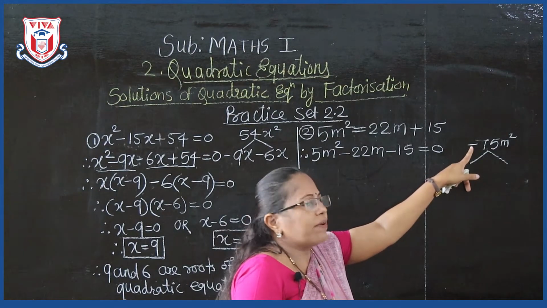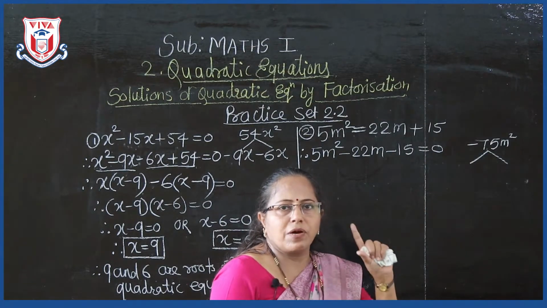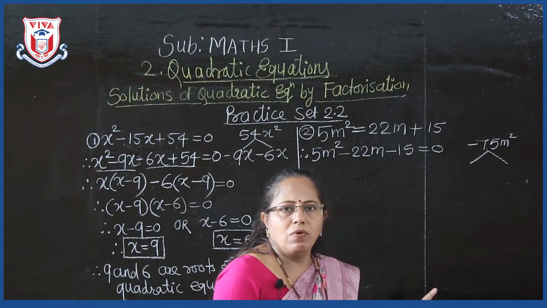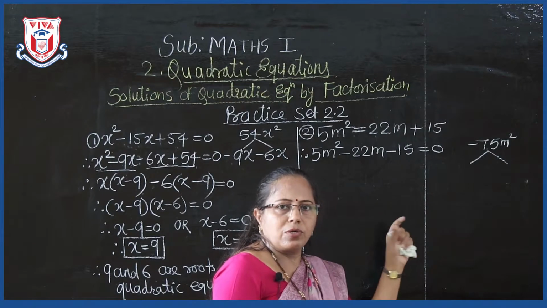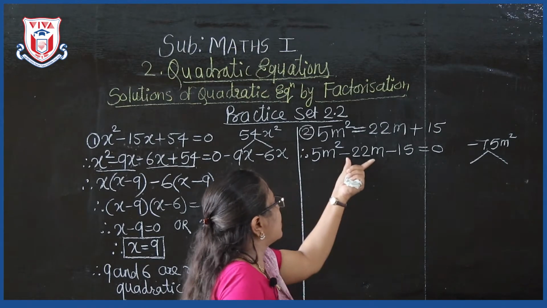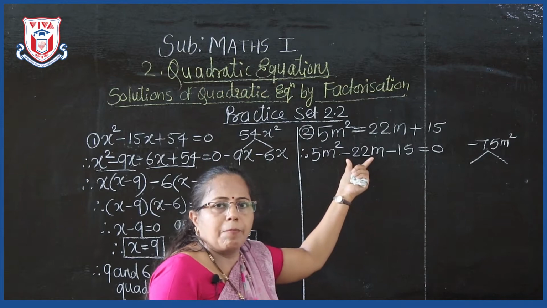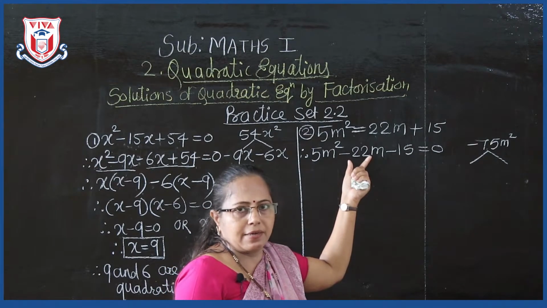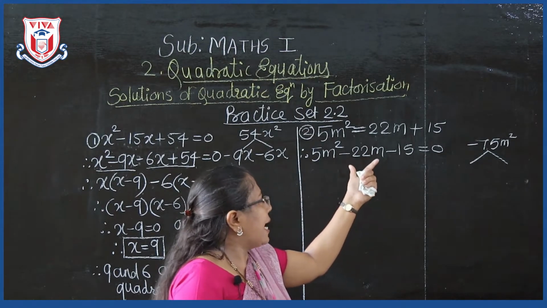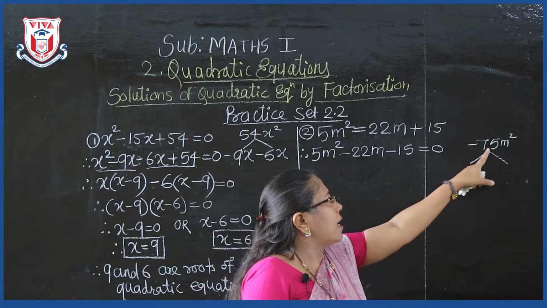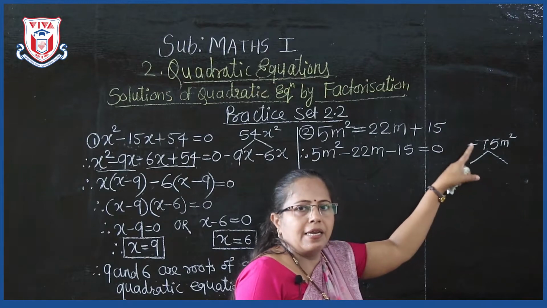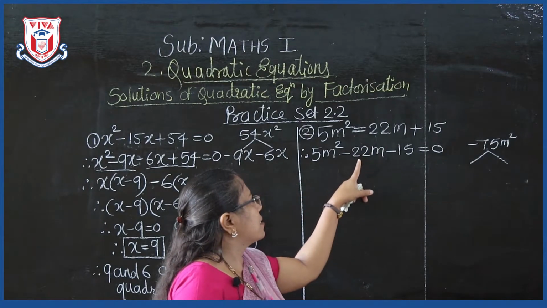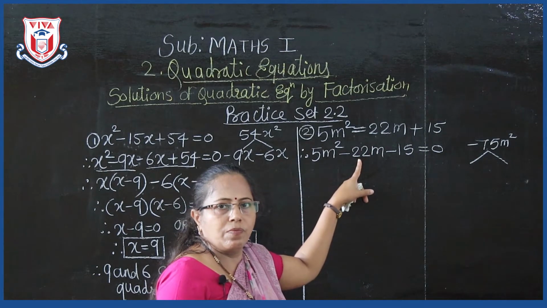This product has a minus sign. That means one factor is negative and the other one is positive. So when there are positive and negative factors, the middle term is the subtraction of those two factors. Okay. That means we have to find factors of 75 in such a way that their subtraction is 22.